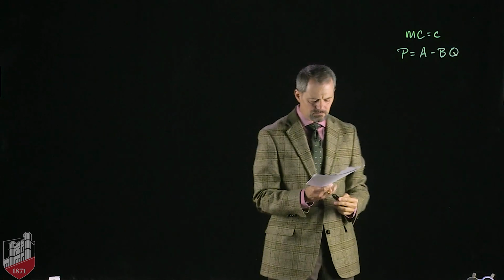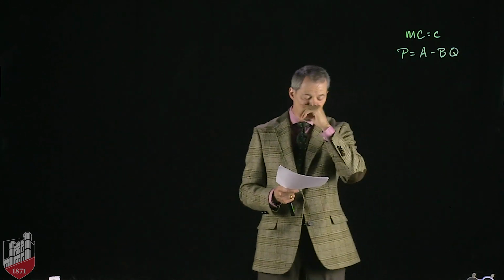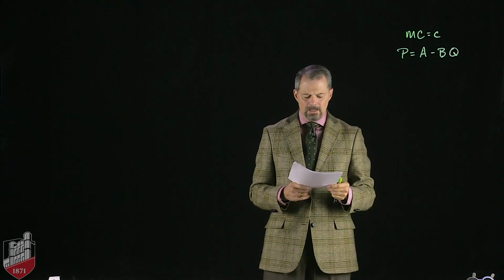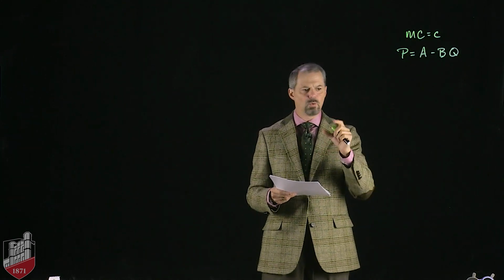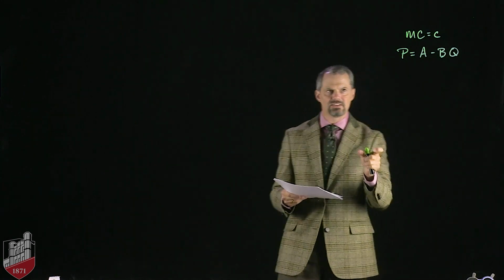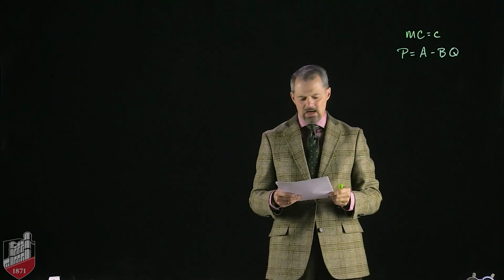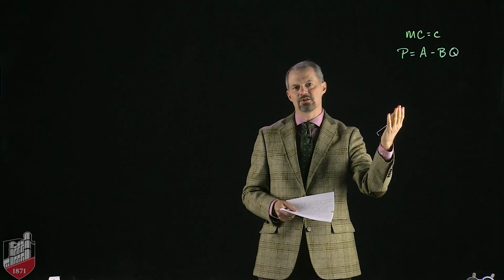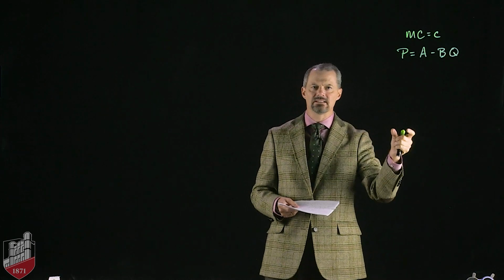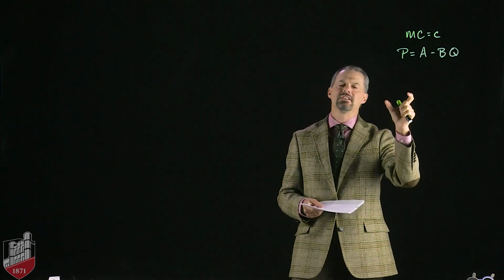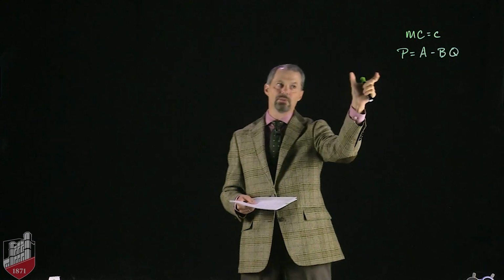Now, that's what the market demand was with Cournot. In the Cournot model, firms are choosing quantities, and when firms choose quantities, it's easiest to think about working with the inverse demand curve. But now we're going to switch to where firms choose prices. And in that case, it's easier to think about the demand curve.